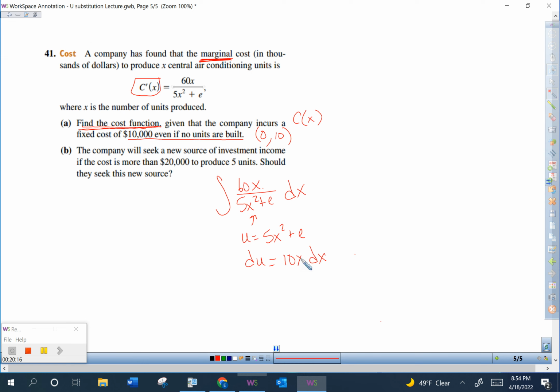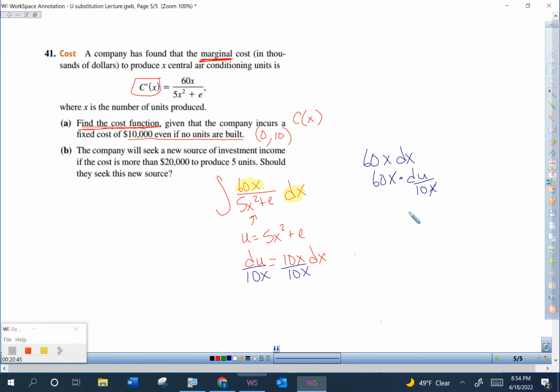Okay, we need this to look like 60, so you'd have to multiply by 6. That's our constant. Okay, but just like I have been doing, you divide by that, and you can substitute in to find it as well. So 60x dx would look like 60x times this thing right here, du over 10x.